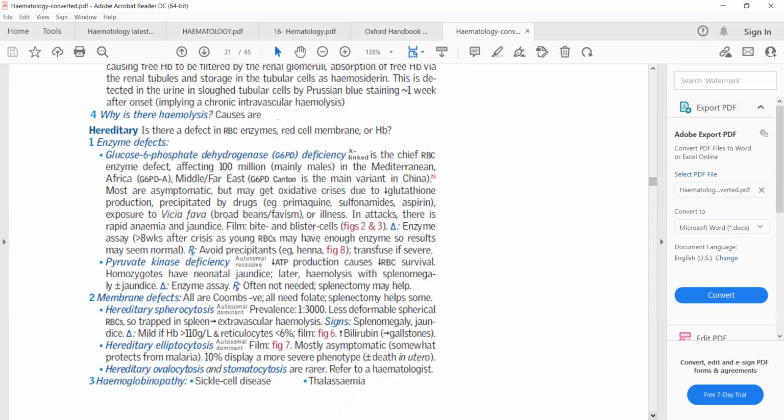That is enzyme deficiency, the second one is defect in the RBC membrane, and the third one is defect in the hemoglobin that is present inside the RBCs. So if there is a defect in any of these three things, hemolysis will occur.